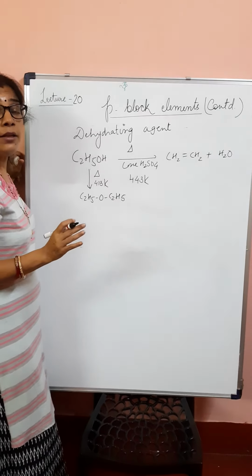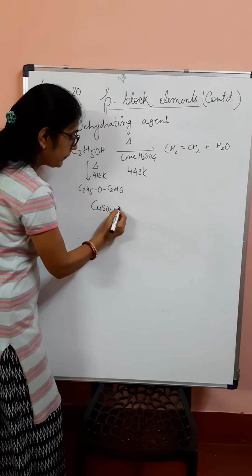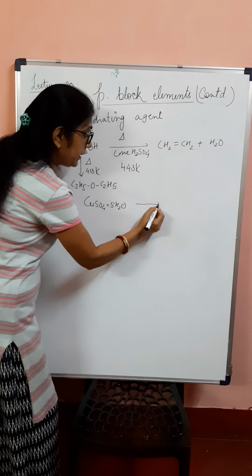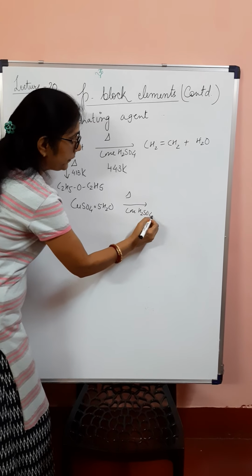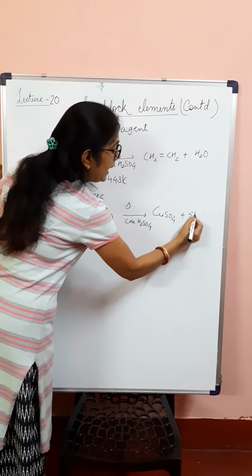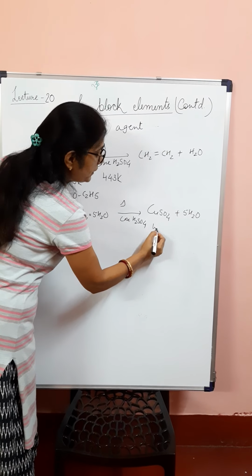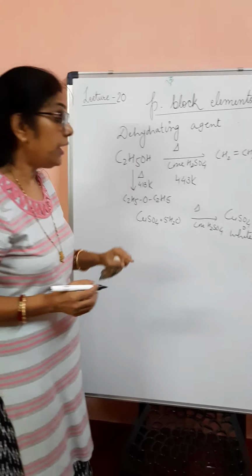In the laboratory, blue vitriol, copper sulfate, you have done this. When it is heated along with concentrated sulfuric acid, then what happens? It loses its water molecules and we get anhydrous copper sulfate, which is white in color.